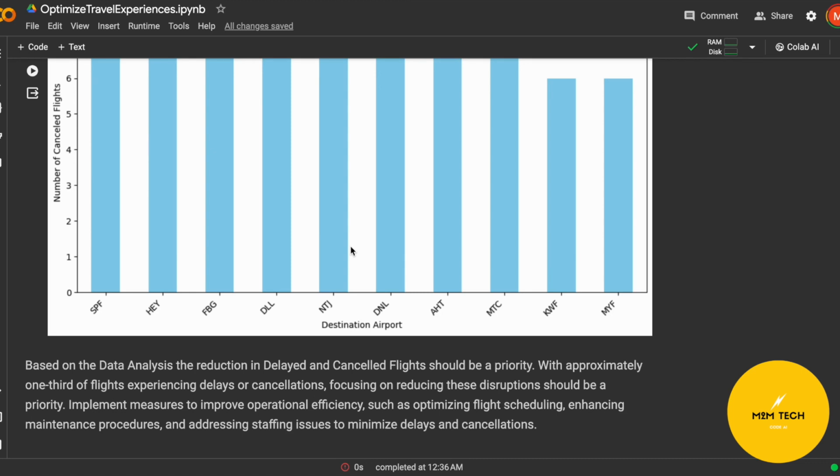Based on the data analysis, I feel reducing delayed and cancelled flights should be a priority, because approximately one third of the flights are experiencing these delays or cancellations.